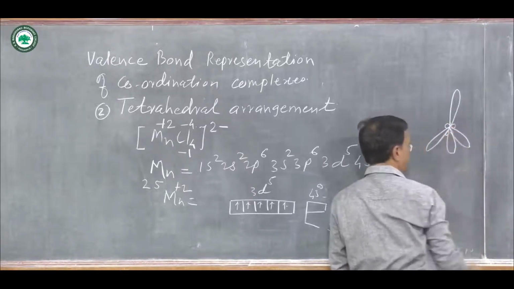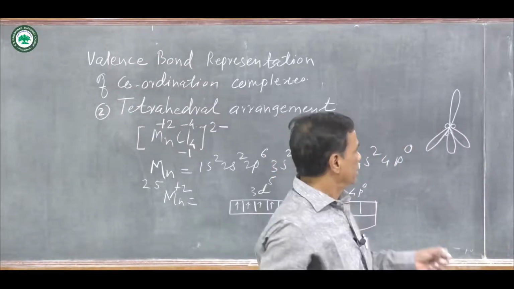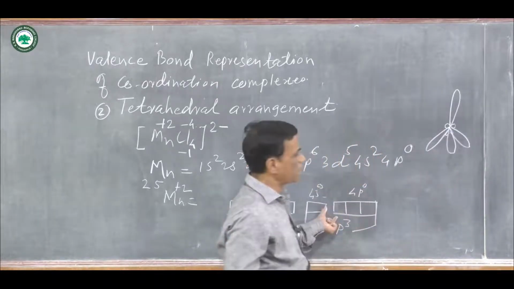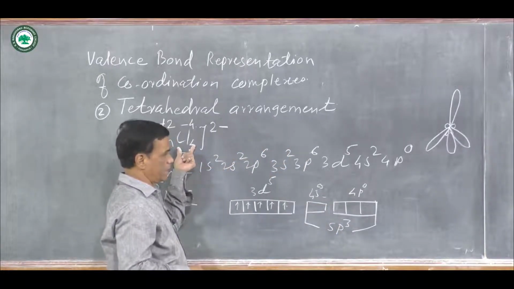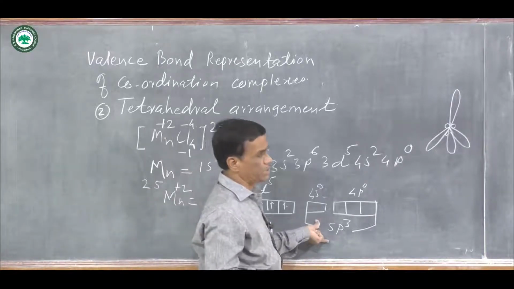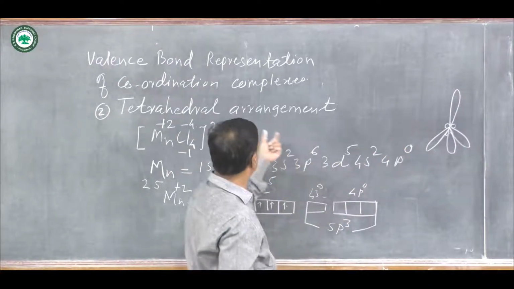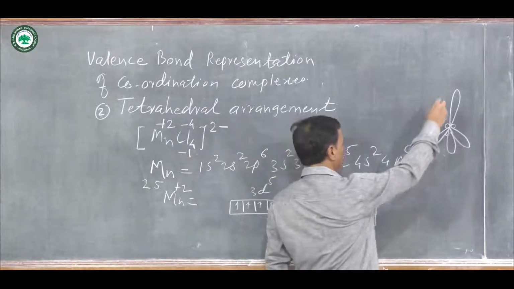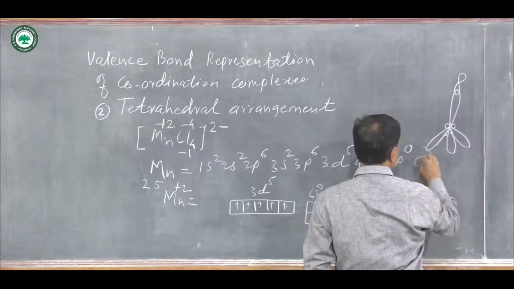You know the regular tetrahedral structure; here 4 sp3 hybrid orbitals are formed, and these hybrid orbitals are empty. In the MnCl4 2- complex ion, manganese 2+ itself forms the sp3 hybrid orbitals, and all these hybrid orbitals are empty. Then these 4 hybrid orbitals overlap with the atomic orbitals of chloride ligand, and there is a formation of 4 sigma bonds.